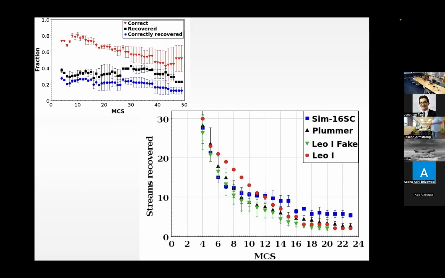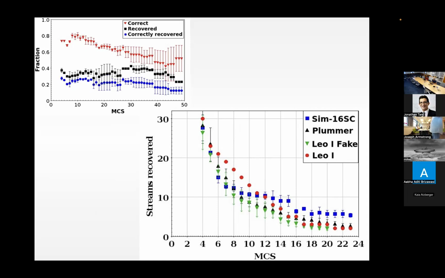What we see is, on the other hand, if we use data which has no streams, we can build up an object with just random velocities, like a pressure-supported system, like a Plummer sphere, and use a beacon on that as well.